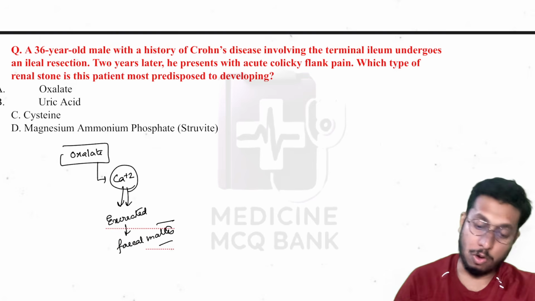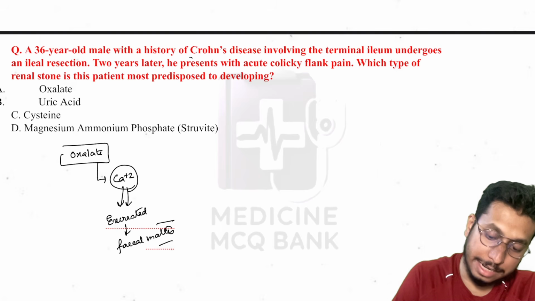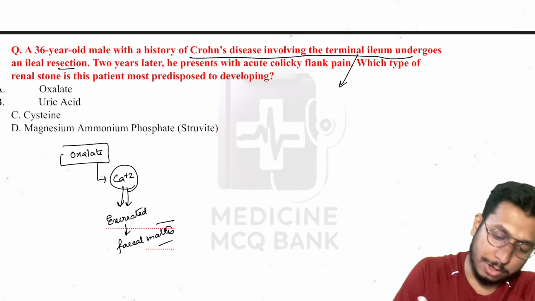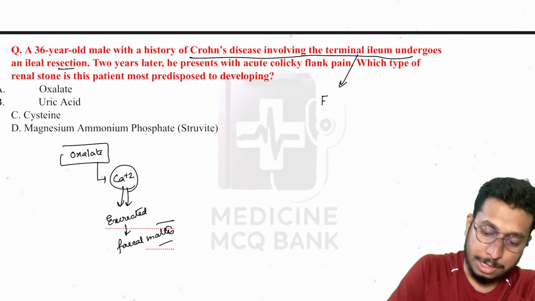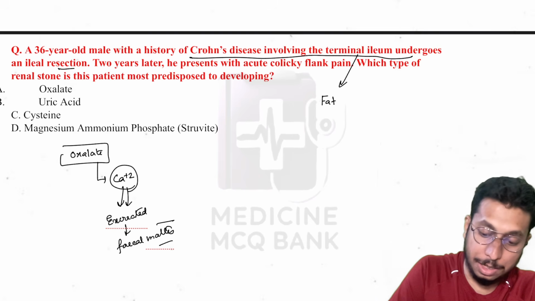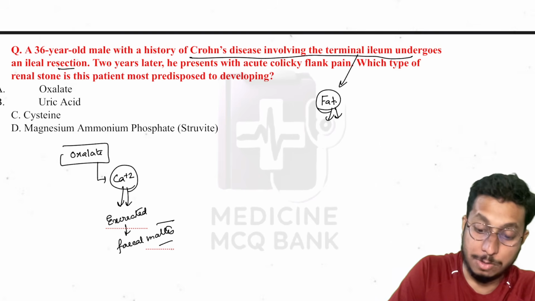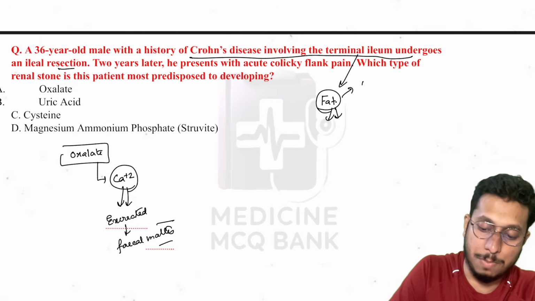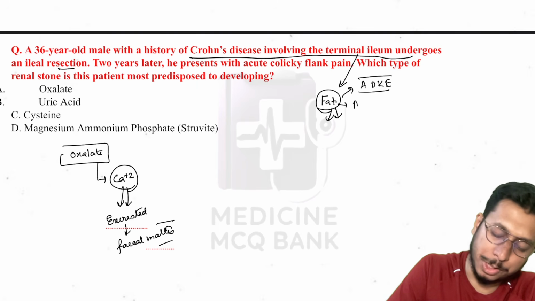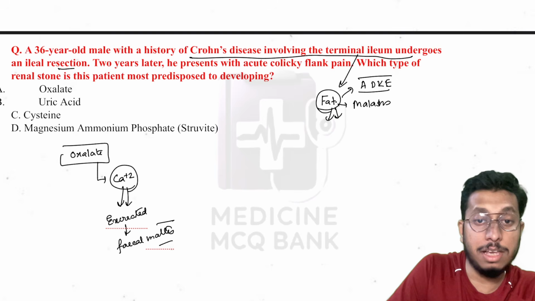Now what happens in Crohn's disease which has undergone terminal ileal resection? The ileum is the part where fat is absorbed, so fat-soluble vitamin deficiency will be there, in the form of A, D, K, E deficiency, along with fat malabsorption.